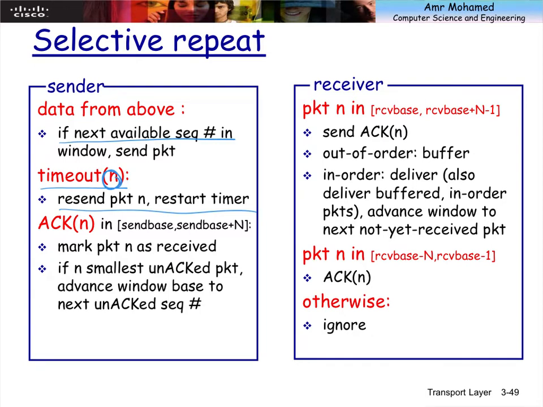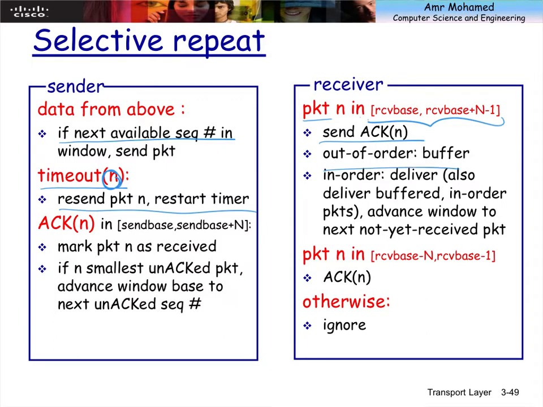So the acknowledgement, again, is not cumulative in that case, and the acknowledgement indicates that this packet only has been received successfully. But that doesn't mean that anything before it was received successfully. So it's not cumulative. So if packet n is within the window, we send the acknowledgement, which indicates the exact same packet that has been received successfully, and it may be out of order.